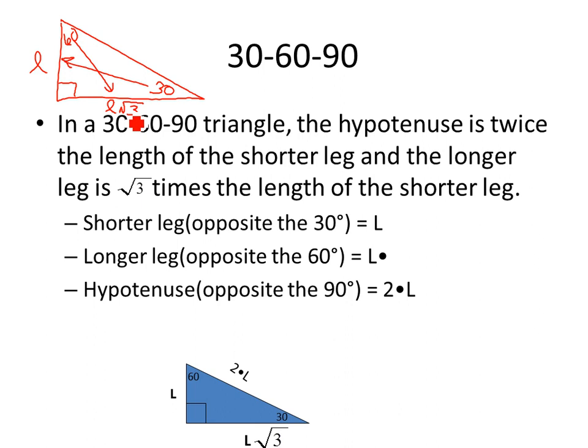And the side across from the right angle is always labeled 2 times L. So very first thing, as soon as you know you have a 30, 60, 90 triangle, go through and label it that way. Then you can start picking out what you know.